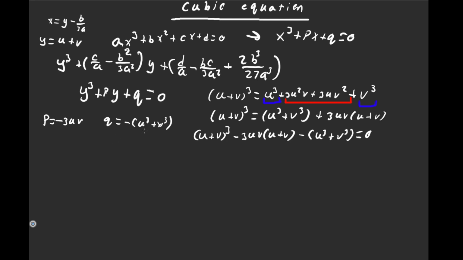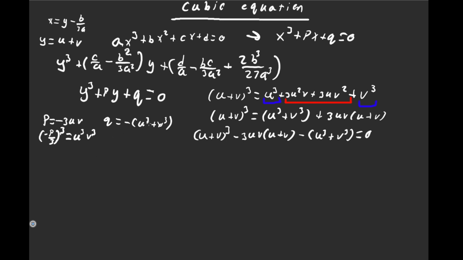And what we could do now is make a clever substitution. First, let's divide by 3 and cube the whole equation. Minus p over 3 cubed is equal to u cubed times v cubed.